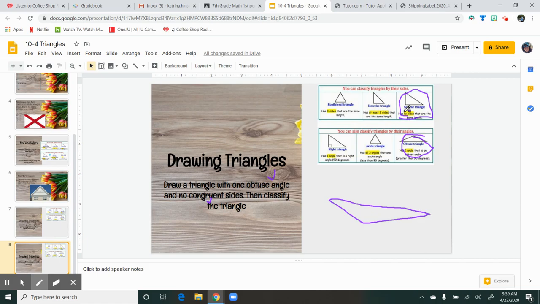So when you're classifying, make sure you have not just one word. It's an acute equilateral, it's a right isosceles, it's a right scalene, it's an obtuse isosceles. Whatever the combination is, you need to make sure you have a word from classifying the sides and from classifying the angles.